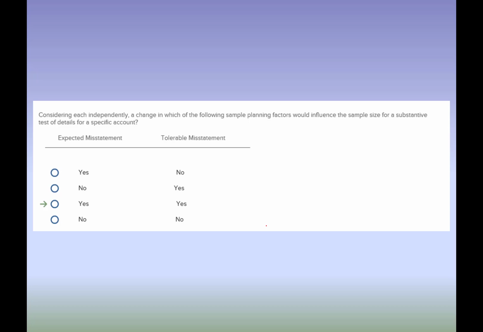And we've gone even further now. We know how these will affect sample size, right? Expected misstatement is going to be direct: more expected misstatement, larger sample sizes. Tolerable misstatement is going to be indirect, right?